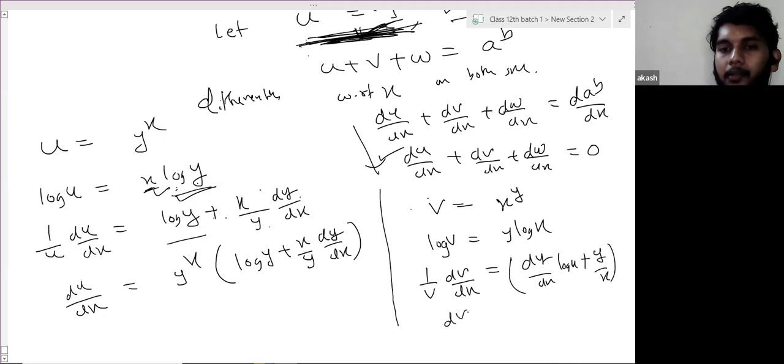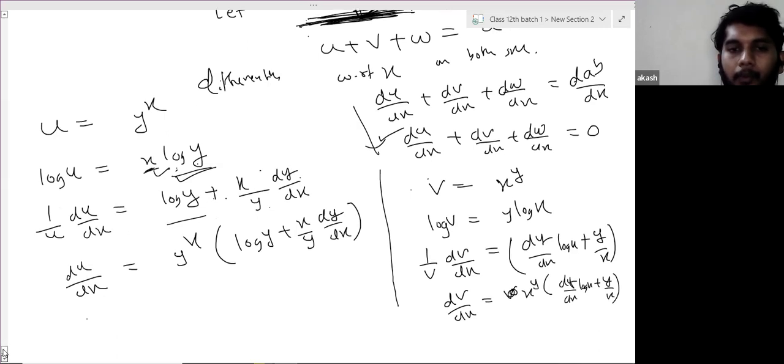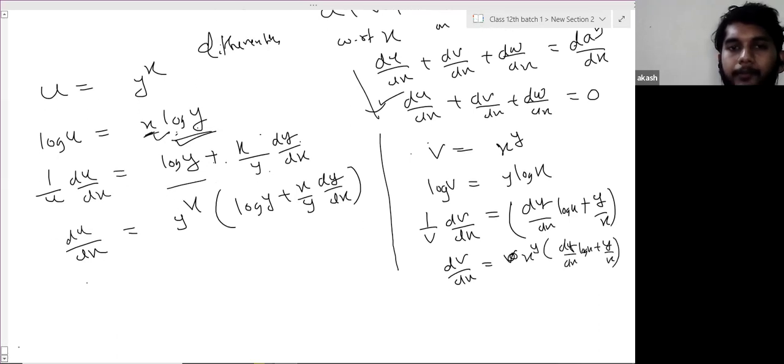So dv by dx is v times, v is x raised to the power y, into dy by dx log x plus y upon x.